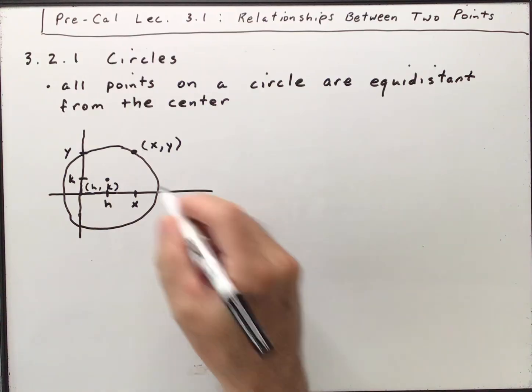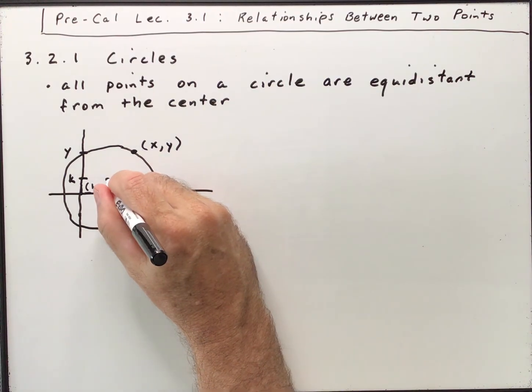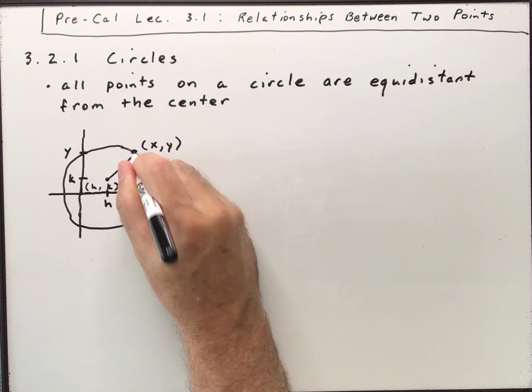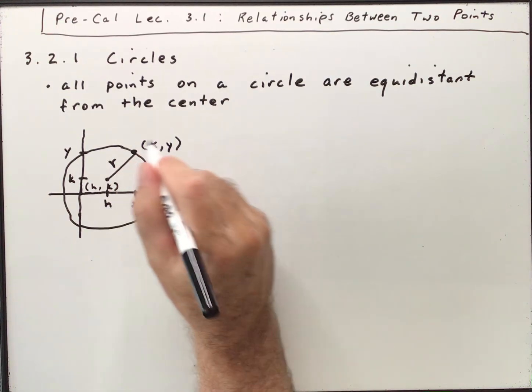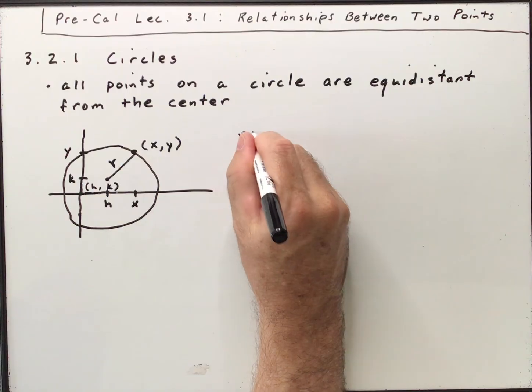Okay, so this distance from the center of the circle to the point on the circle is called R. So R is equal to the radius.